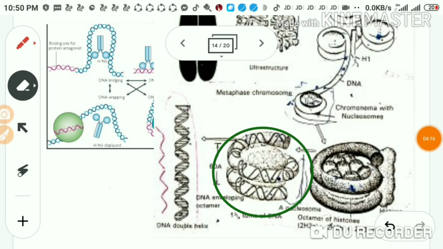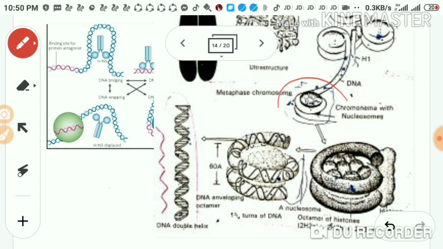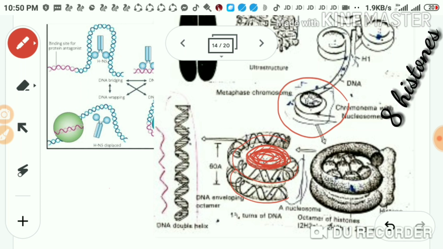Good. This nucleosome structure is formed by the coiling of double-stranded DNA over a particular protein structure known as histone. Actually, at the center, 8 histones are there, that is an octamer.